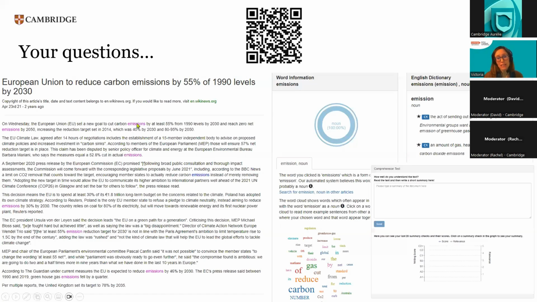And then the good thing is that it is a learning tool. So you can hover over the text and get information about the word class, the definition with examples, words that usually go with these words to develop the knowledge of this vocabulary. And then you can also write a summary and get instant feedback.